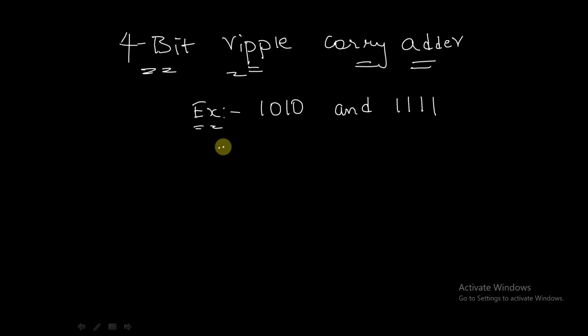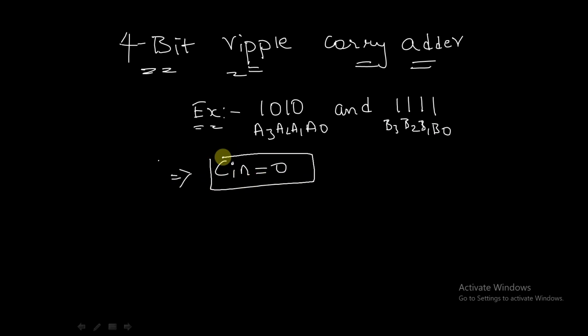Let us take this as a3, a2, a1, a0. This is b3, b2, b1, b0. Now let us assume that the initial carry to this ripple carry adder, that is c in, is equal to 0.